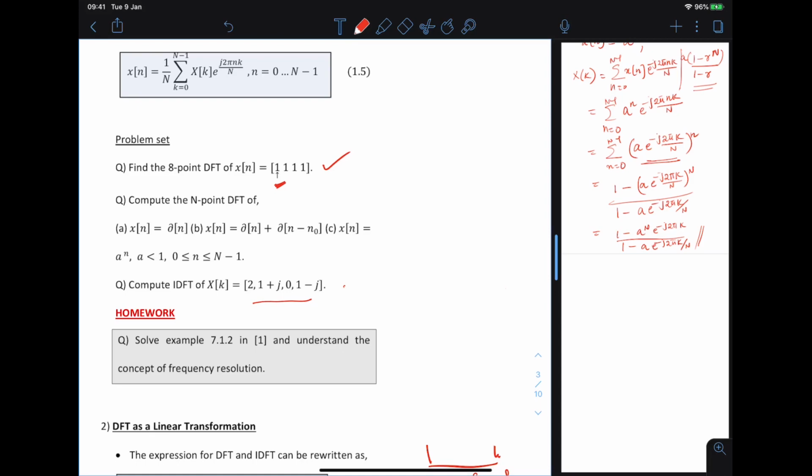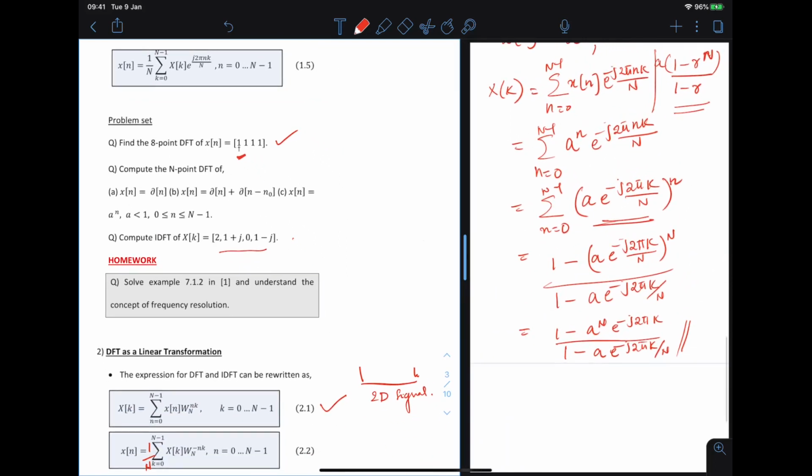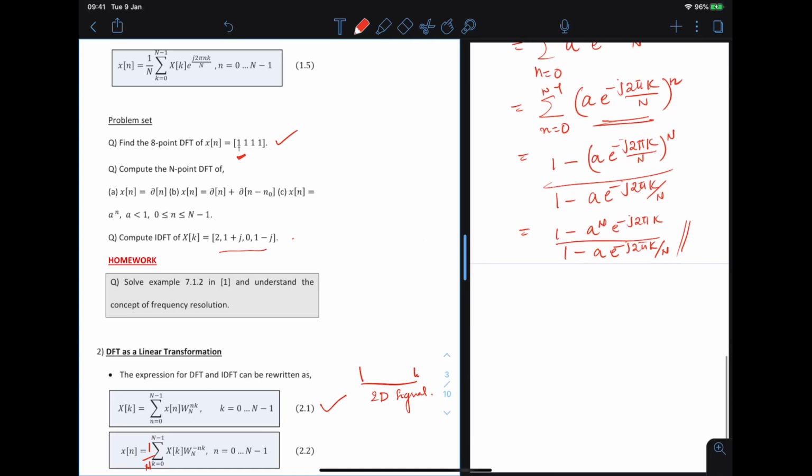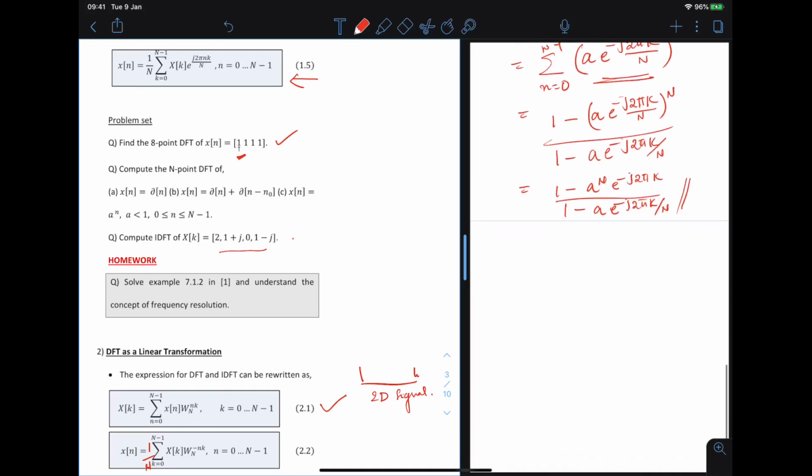So all we need to know is the expression for IDFT, and we know that N equal to 4. So let us look at the expression for IDFT, that is this particular expression. We just need to substitute this into this expression and find the solution.